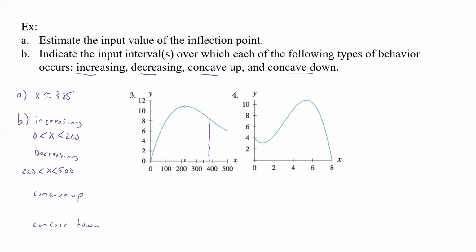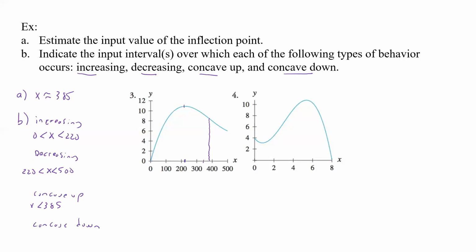All right. Now, where is it concave up? Well, we have to say about here, about what do we say? 385. So we can say 385, and X is going to be between there. And so let's see.